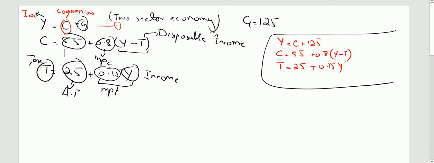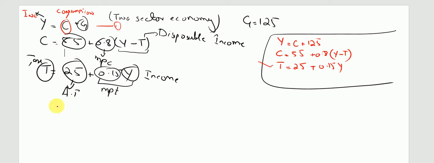Now we have to solve it by the substitution method. First we substitute this t into the consumption equation to make it an equation of only two variables, in which c and y remain.